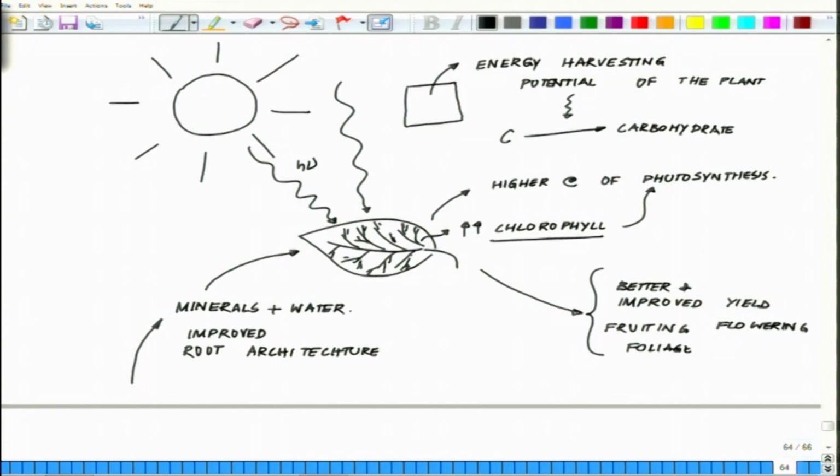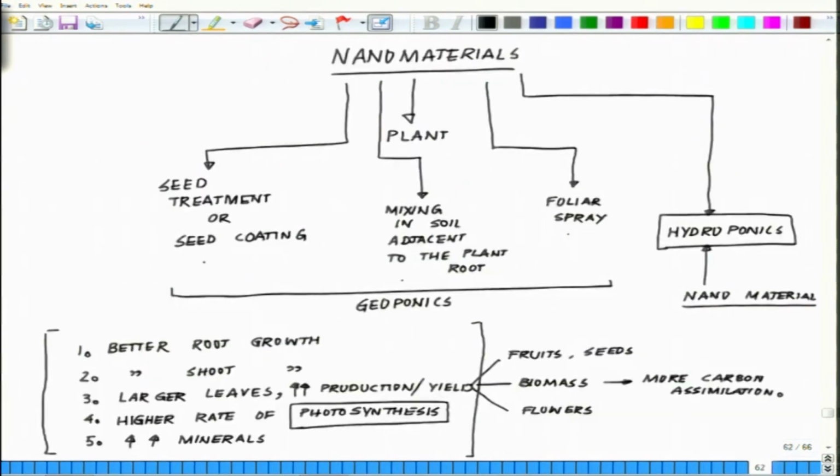So, if you remember when I told you what are the snapshots I wanted to discuss with you, let me come back to the snapshot again. So, here we are having a nanomaterial, whether it is at the seed treatment level, seed coating level, mixing into the soil in a very trace amount, or a foliar spray, or even hydroponics, we are seeing better root growth.